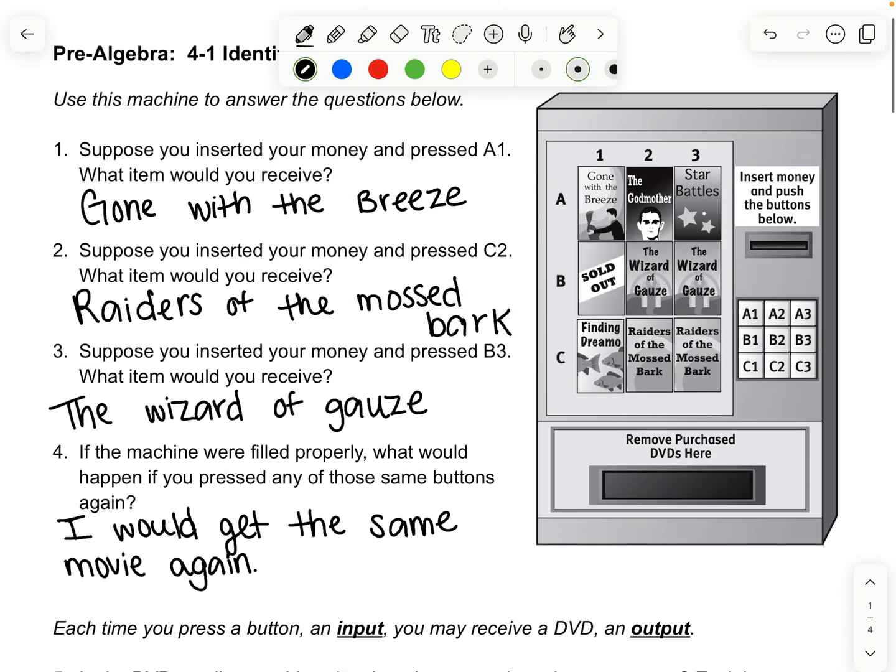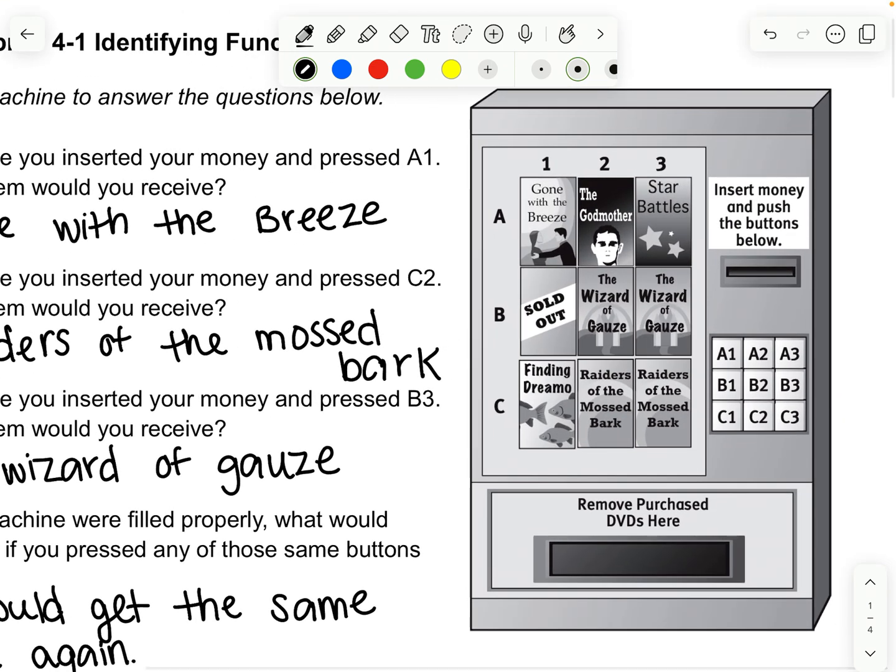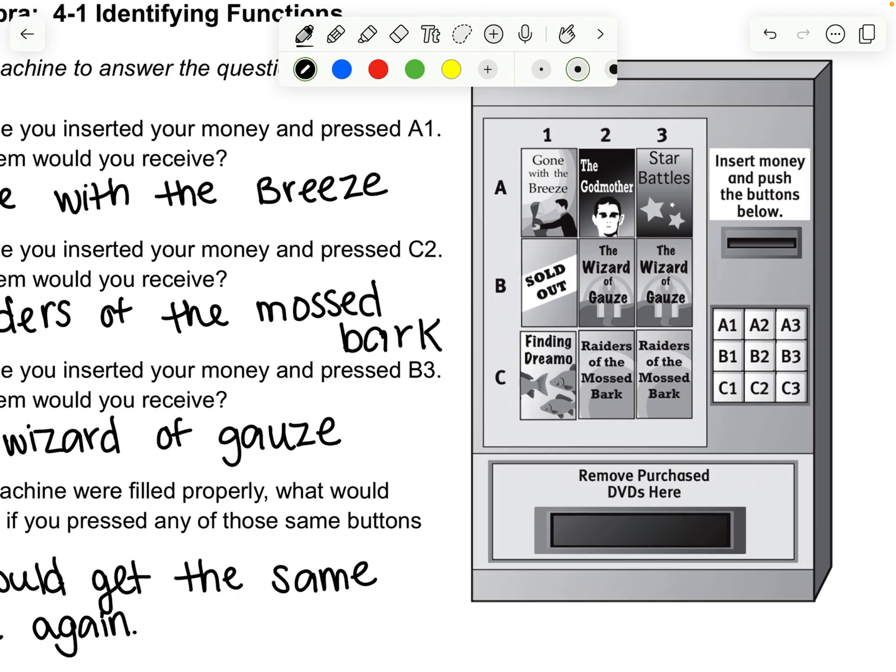So here is the vending machine. Please go ahead and write what 3 DVDs you would get for pushing the 3 A buttons. Alrighty, let's see if you are correct.